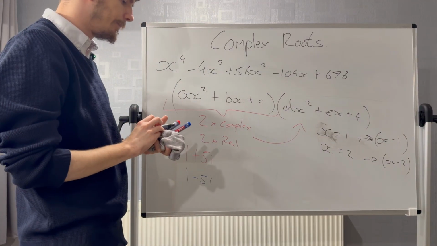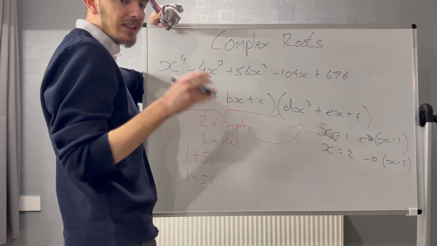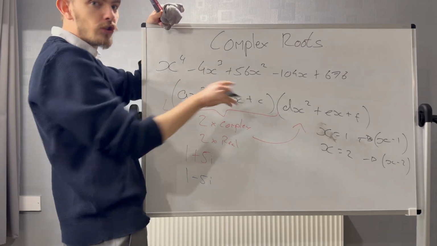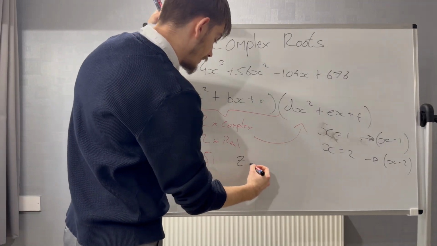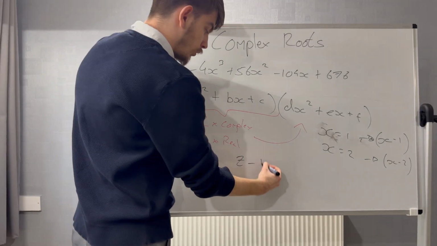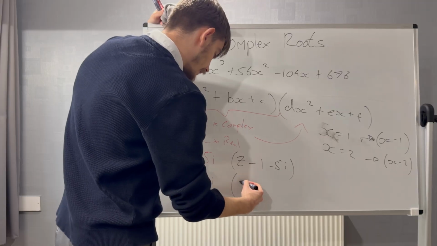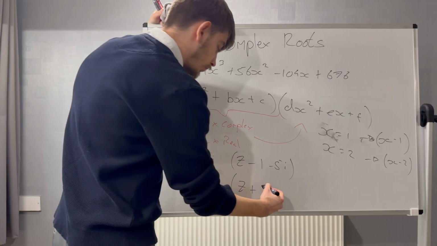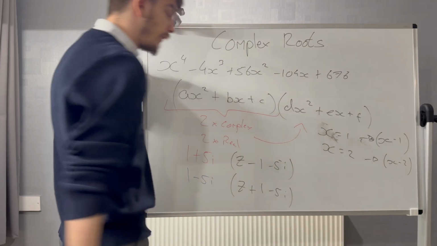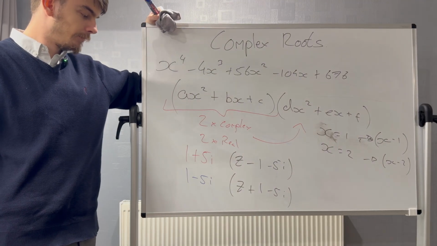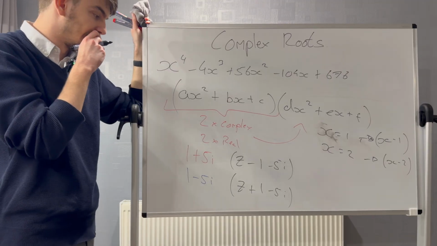So I do the same thing here. I would turn these into, I'll use z instead of x, because that's generally good practice, despite me not doing it thus far, but from here on out I will be, into z minus (1 plus 5i) and z minus (1 minus 5i). Okay, so I end up with both of these.